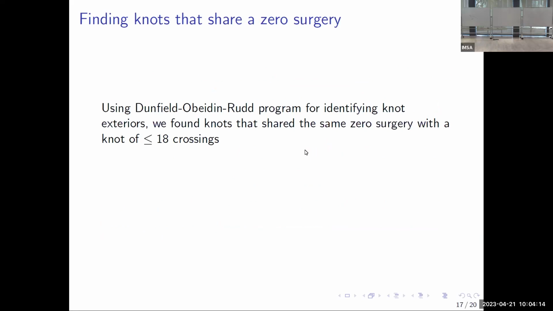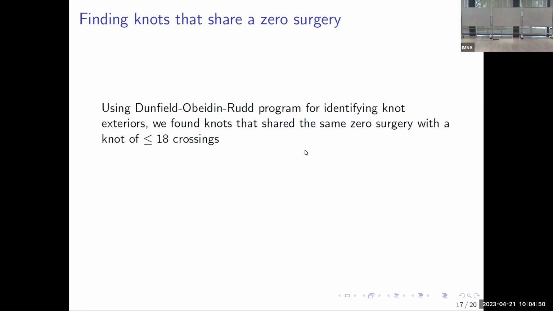Basically, what we actually did was take a knot exterior and drill holes in it, and use this to construct some zero surgery to some other knot, where you actually construct the exterior of the other knot. So you want to be able to identify which knot exterior you constructed.